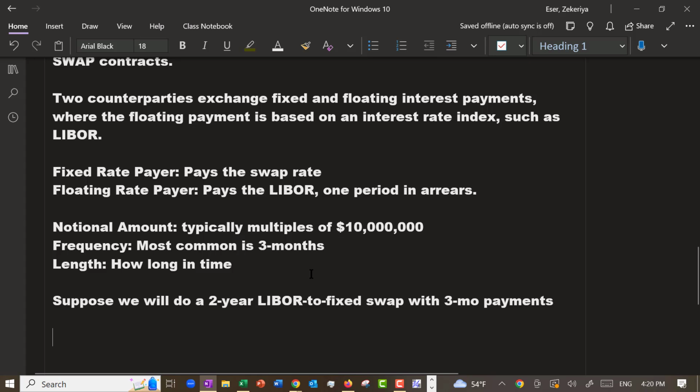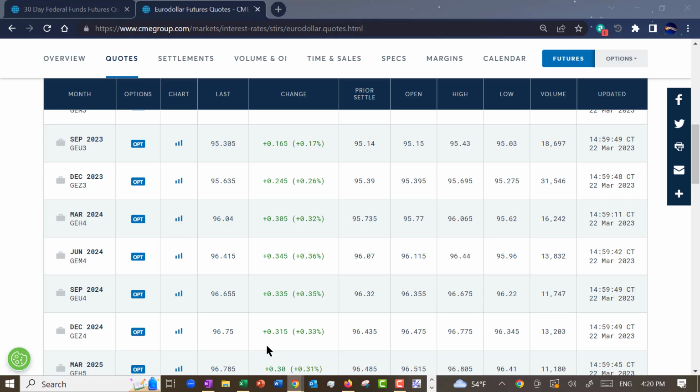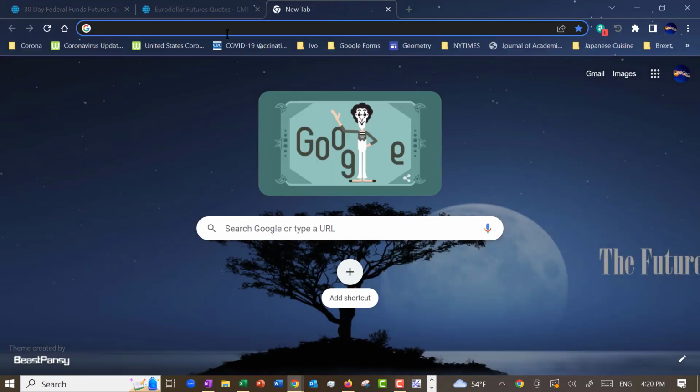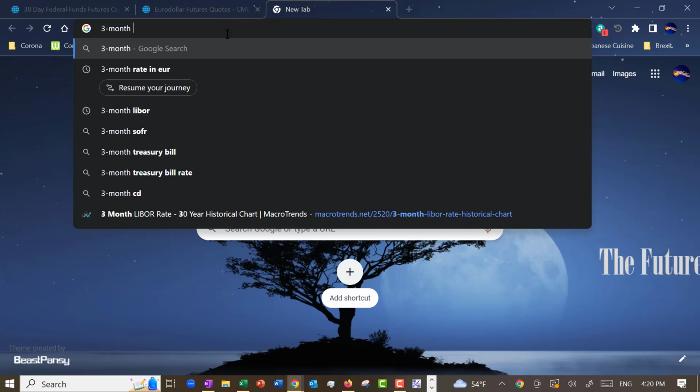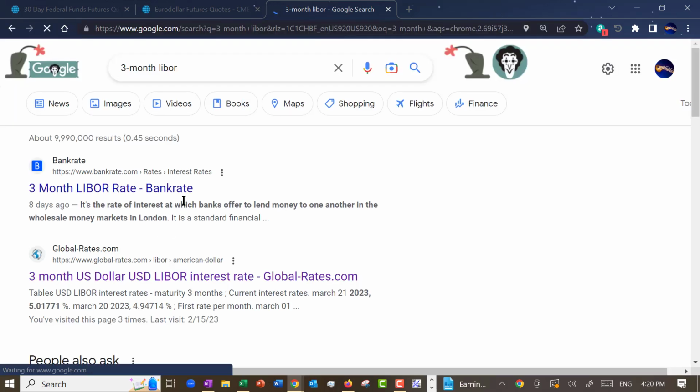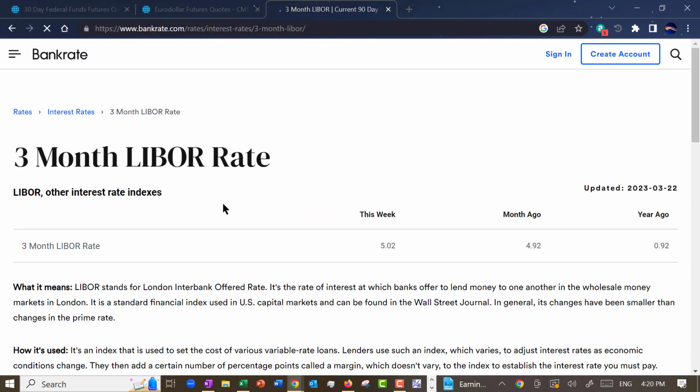Current 3-month LIBOR is, let's find that. Let's use today's number.